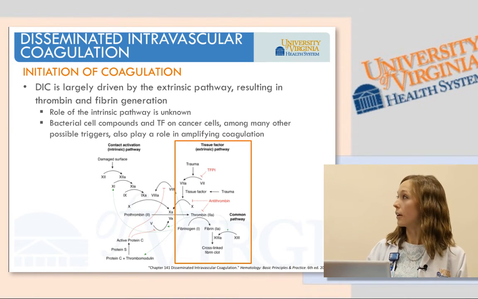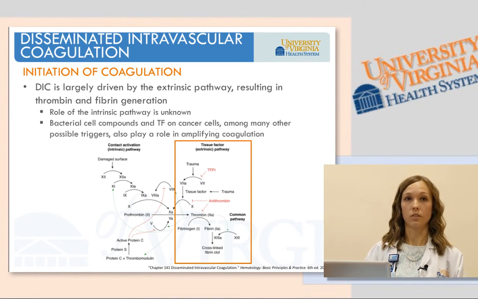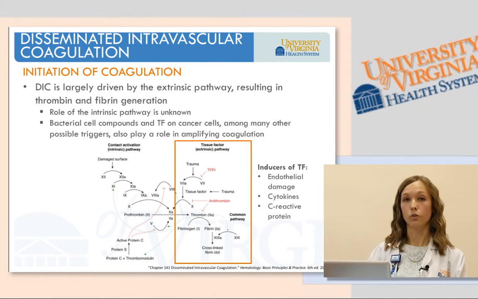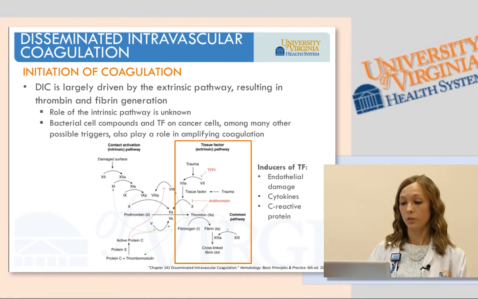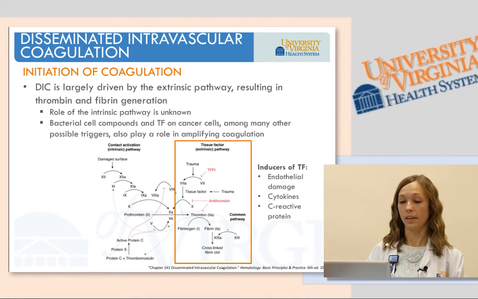The tissue factor, as we know, is released in response to endothelial damage, and of course this is always occurring in these patients with ongoing inflammation. But there's also some other inducers of tissue factor in patients with DIC. So the inflammatory mediators, cytokines, C-reactive protein, these molecules can also initiate tissue factor. So it really just contributes to even further initiation of coagulation and overwhelming deposition of fibrin.